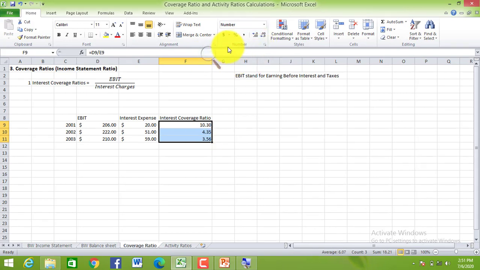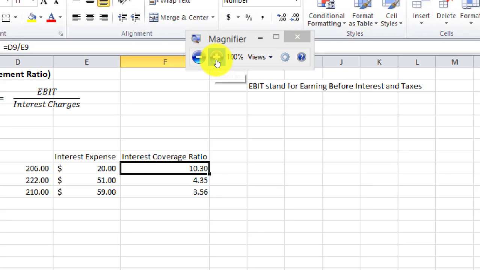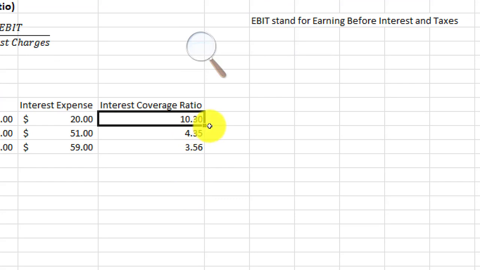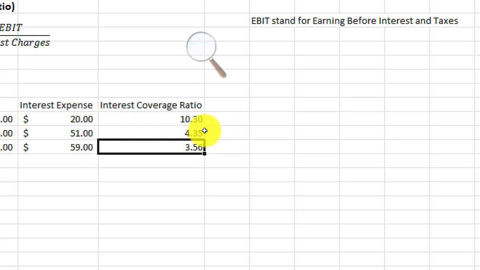This is now the correct way, and if you want to change it to a percentage, you can change it over here. If you want to change it to a number, you can change it over here. It means that for each $1 of interest charges, you have $10.30 in earnings to pay that interest. But over time, in 2002 and 2003, it is showing a decreasing trend.